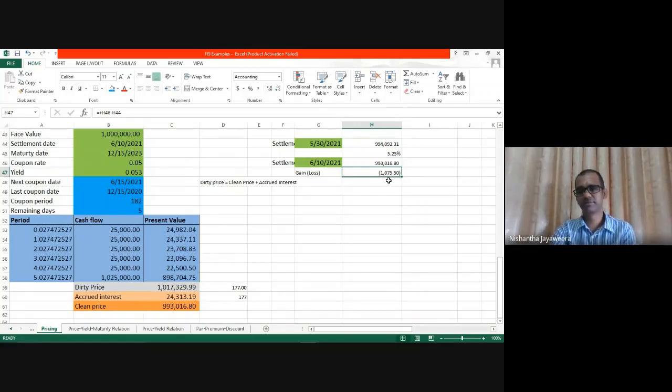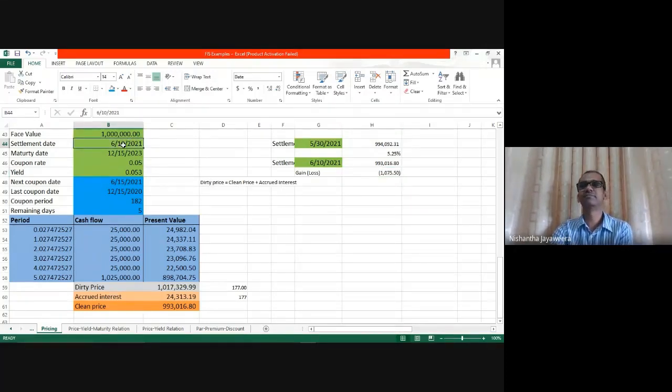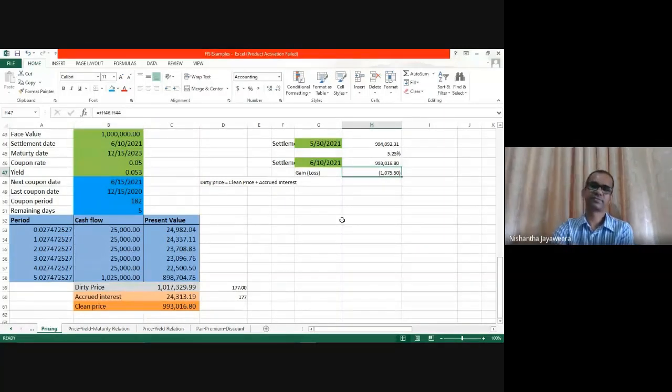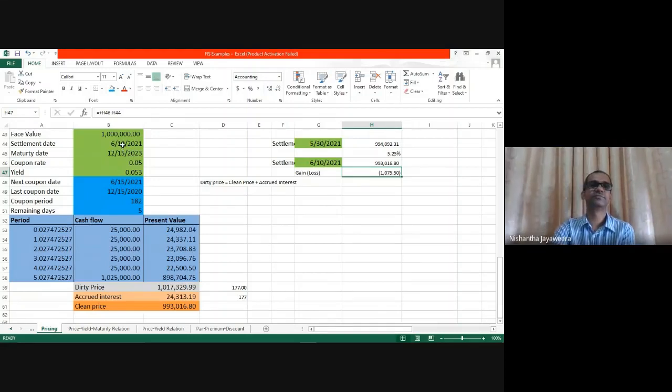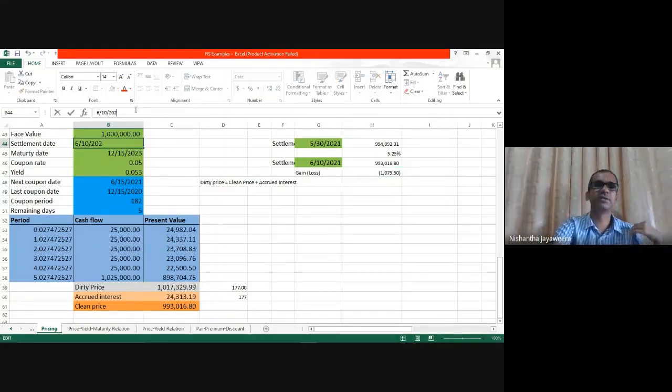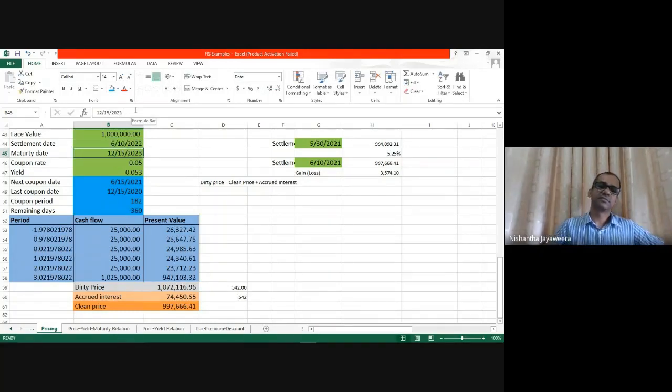Just from 5.25 to 5.3, a 0.05% increase in the yield within 10-11 days, you make a capital loss, but that may become a capital gain. Say you hold it for a 1 year or 2 year period. That is the maturity effect.